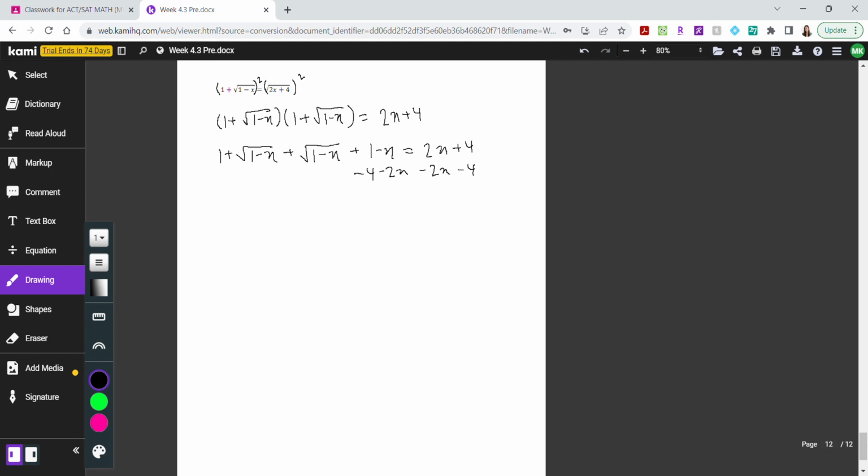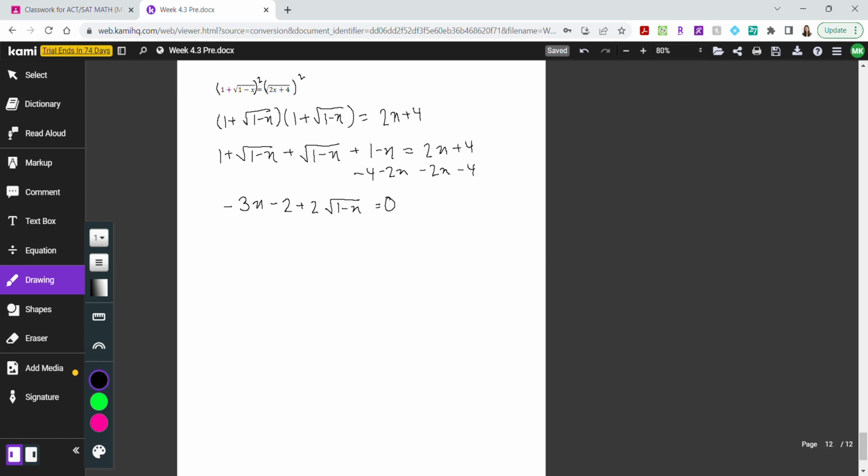So we are now going to get negative 3x minus 2 plus 2 square root 1 minus x. Alright, these are same species, so you just add the coefficients to give you 2 equals 0.